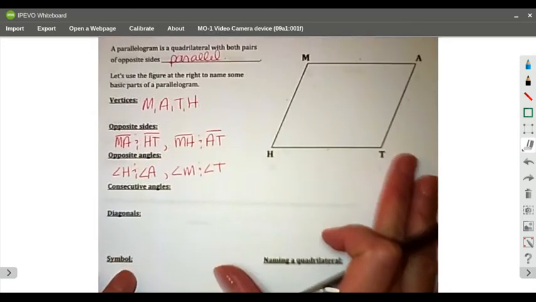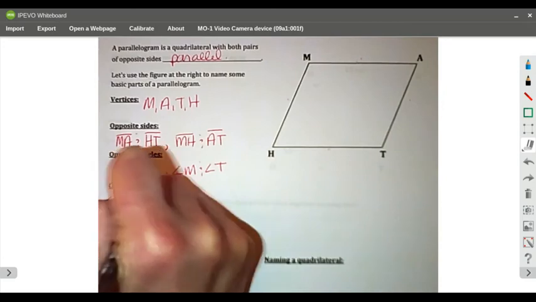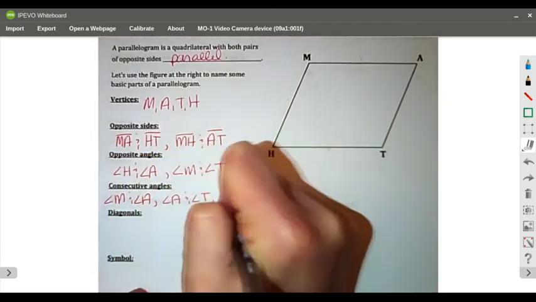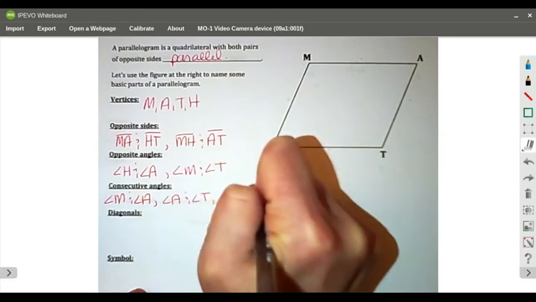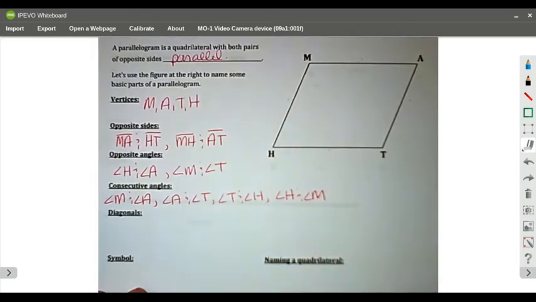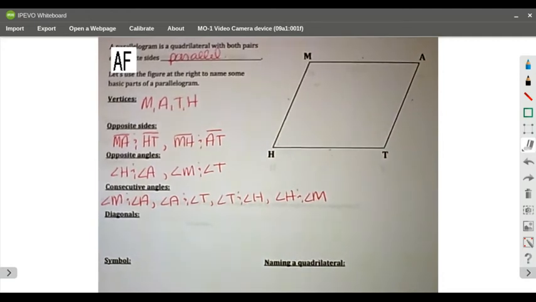So there are four pairs of consecutive angles in a parallelogram. So you have angle M and angle A, angle A and angle T, angle T and angle H, and then lastly angle H and angle M. Those would all be considered consecutive angles, and you'll see there are some properties with consecutive angles.